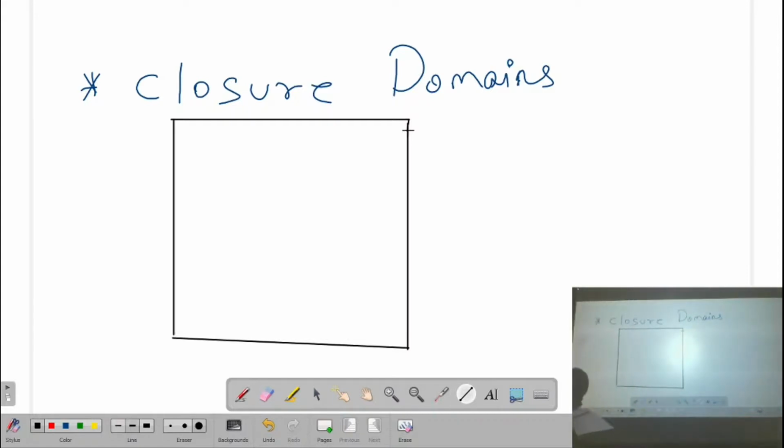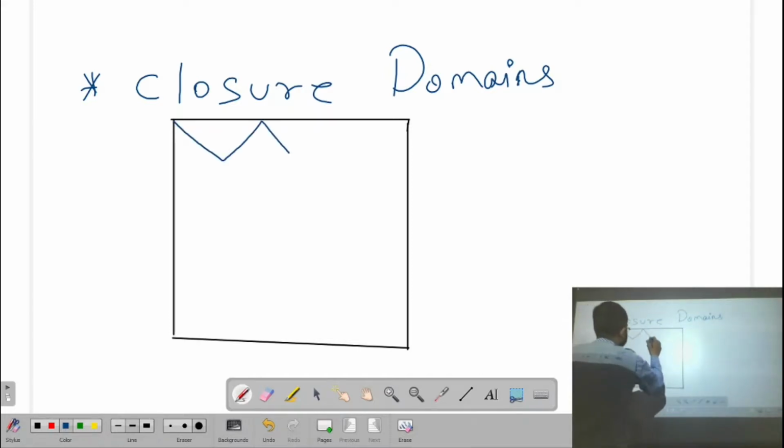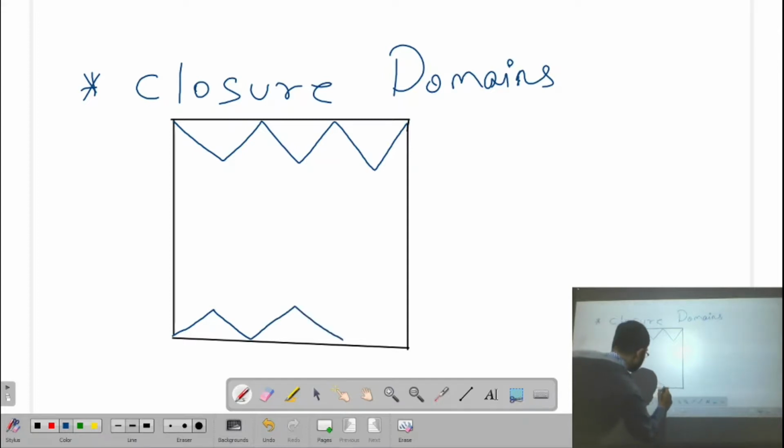Suppose this is our material where we will have this kind of pattern, right?